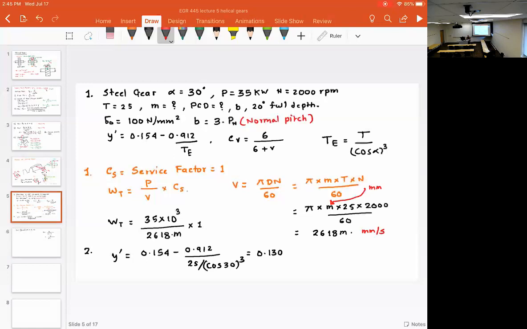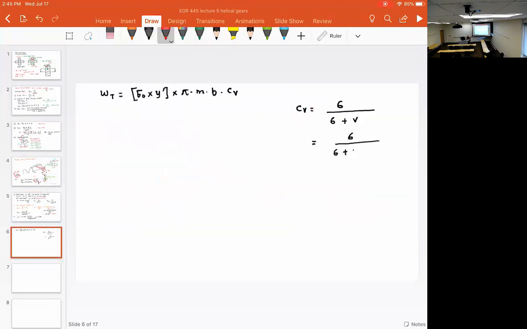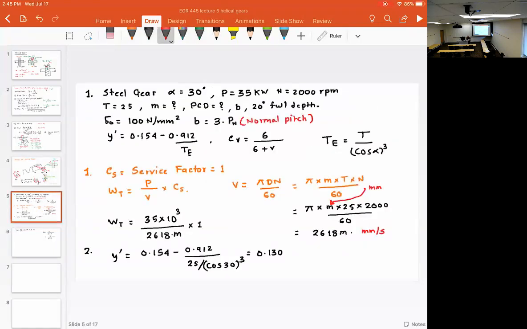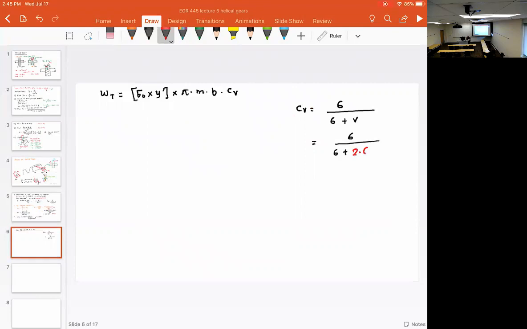But when we calculate the velocity factor, this has to be in meters per second. So this is 2.61 m, and that gives you the value of velocity factor.